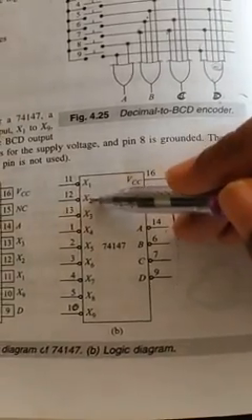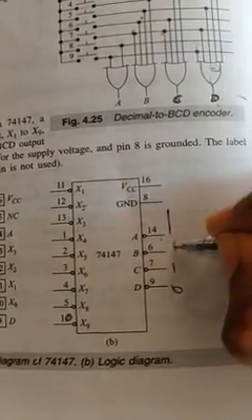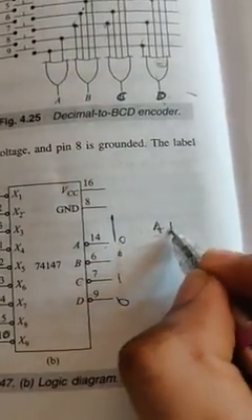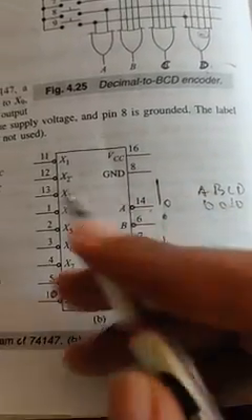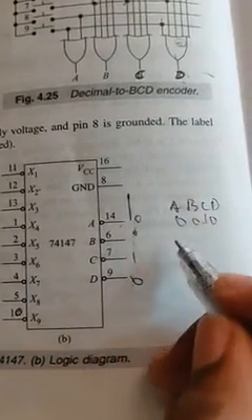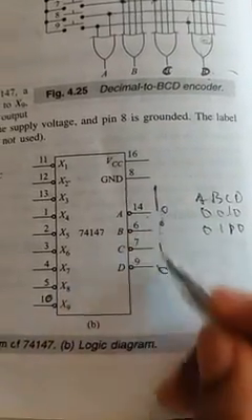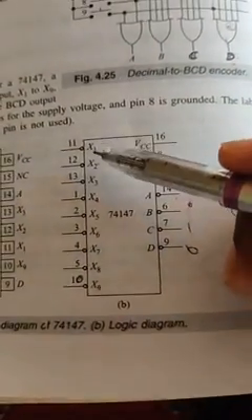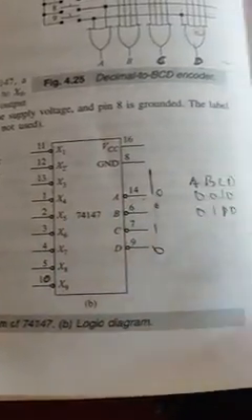For example, if x2 is active, this should be 0 0 1 0. This is like ABCD, right? This is 2, right? If x6 is active, then you are supposed to form 0 1 1 0. This should be the output. But look here, all the input signals are bubbled, and all the output signals are also bubbled.